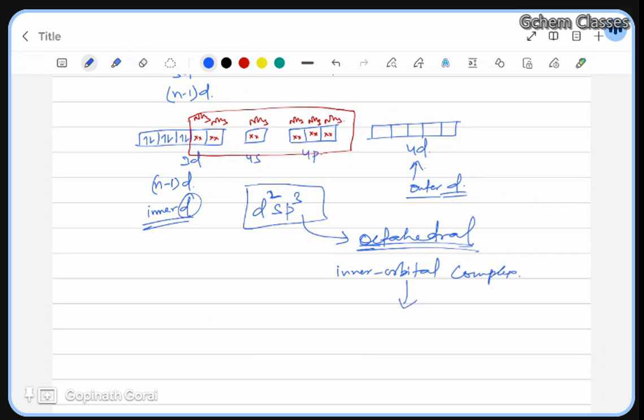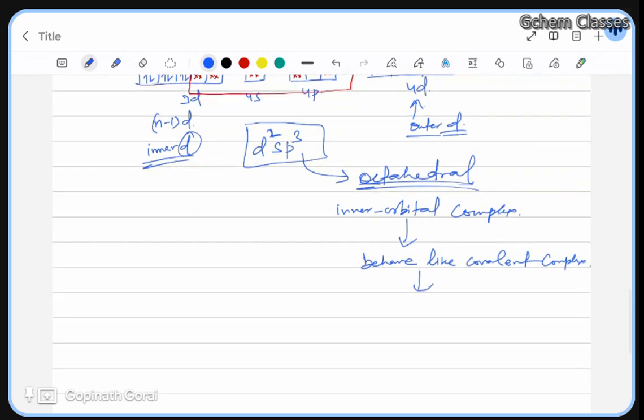If it is an inner orbital complex, then we say that it will behave like a covalent complex. If it behaves like a covalent complex, or if it is an inner orbital complex, then we say that it is a low spin complex.